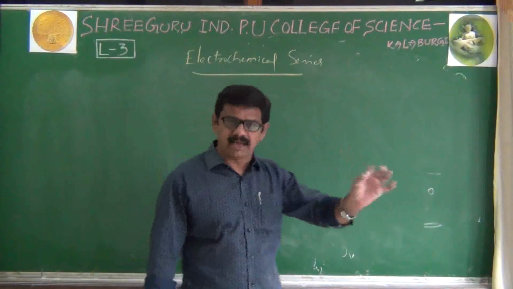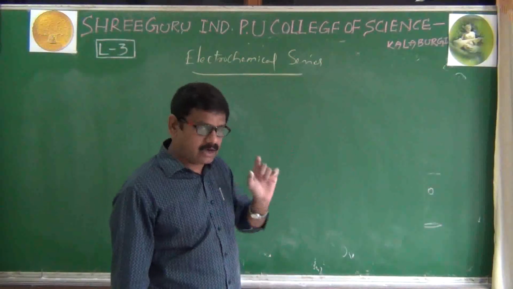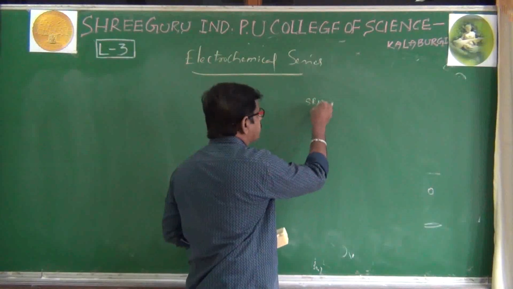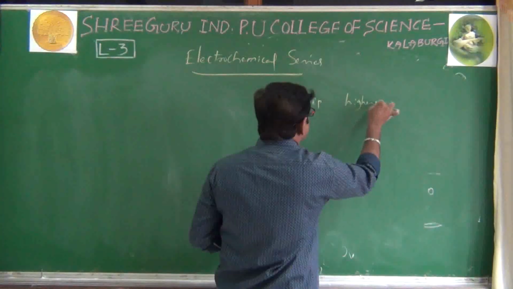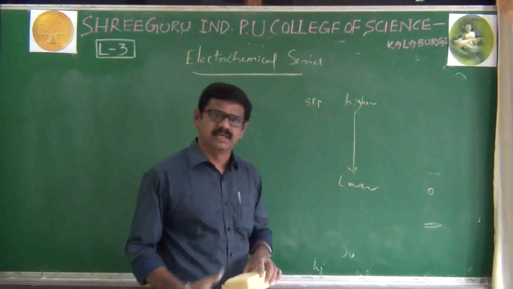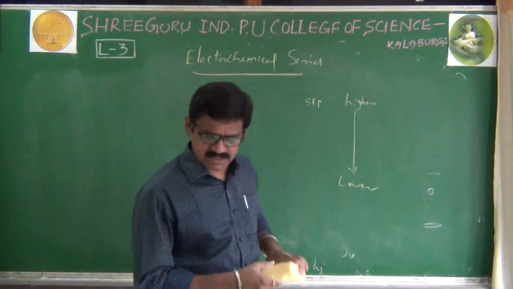That systematic arrangement is called the electrochemical series. How are we arranging? We arrange all SRP values from higher value to lower value. That itself is called the electrochemical series.